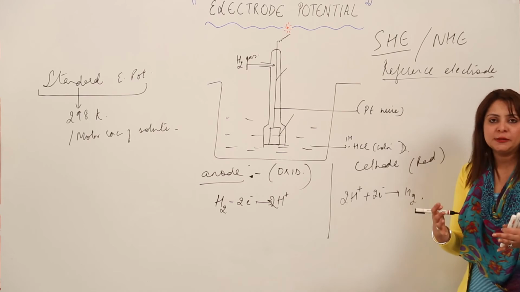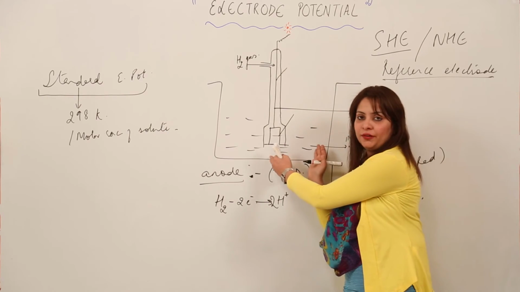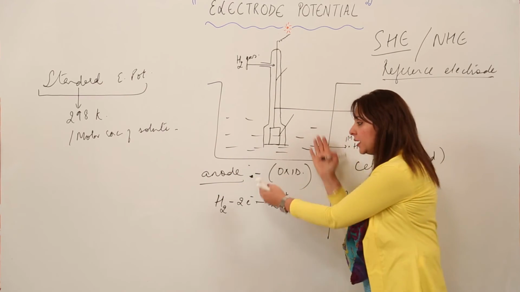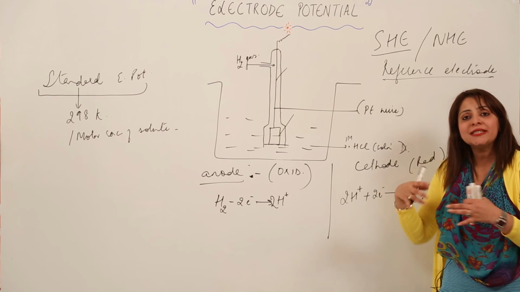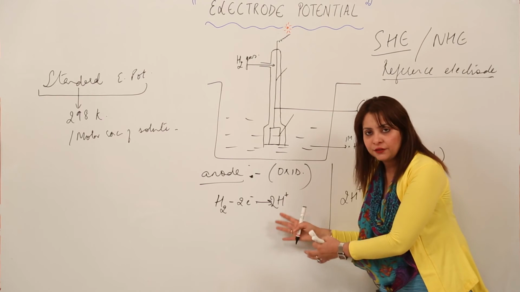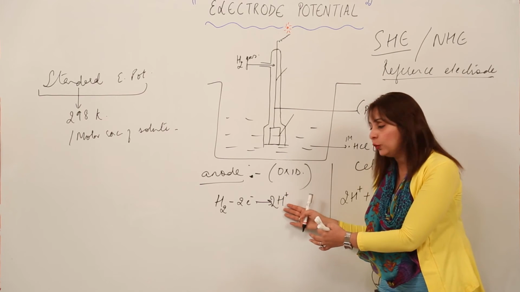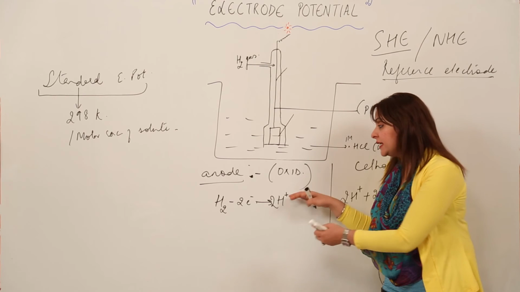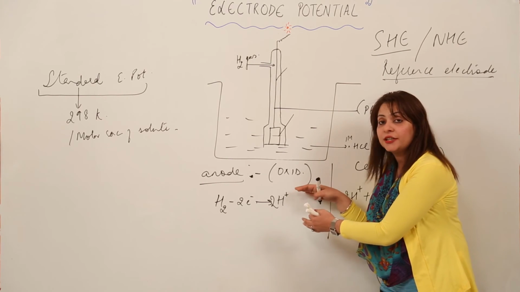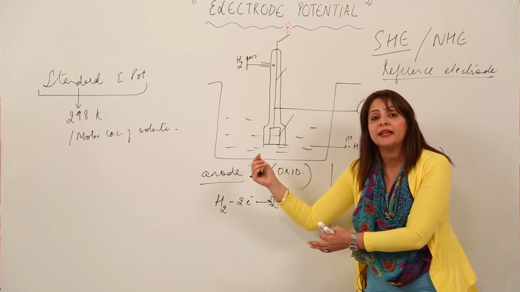So when we connect this reference electrode with any other cell, it may undergo this reaction or it may undergo that reaction. If the SHE is undergoing this kind of reaction, that means it is undergoing oxidation, it is acting as an anode, and the other cell attached is acting as a cathode.